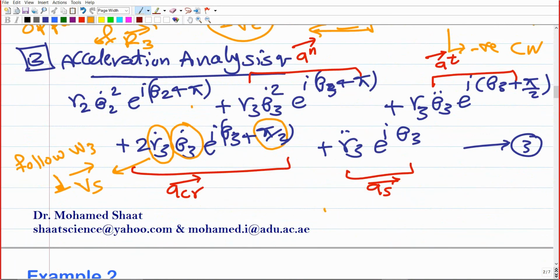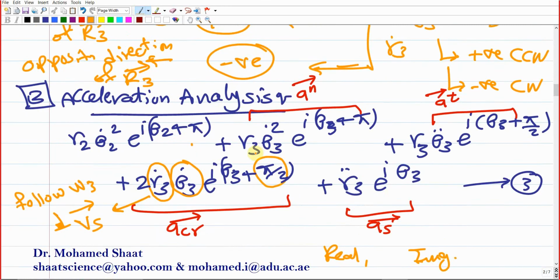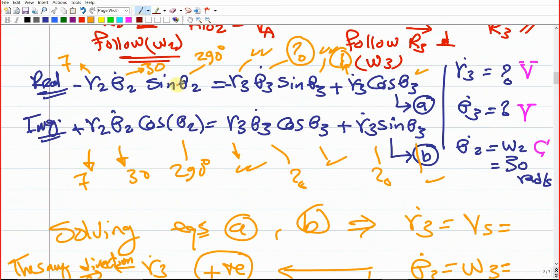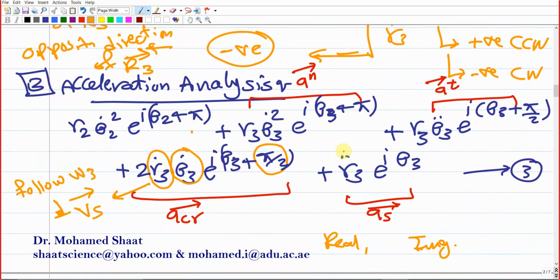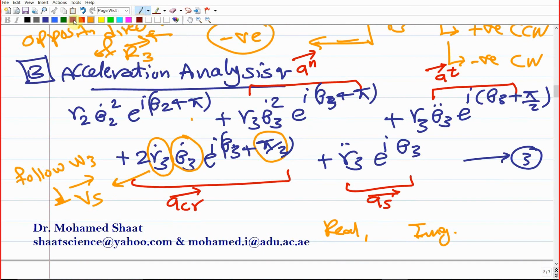Then if you decompose this equation into real and imaginary terms, you are going to end up with two equations very similar to these two equations, in just two unknowns. These two unknowns will be R3 double dot in addition to theta 3 double dot.